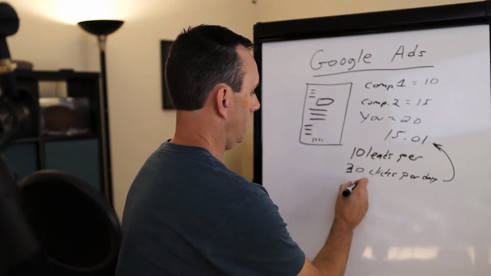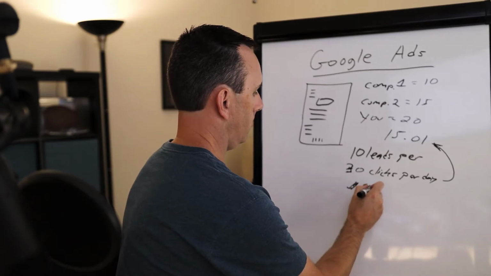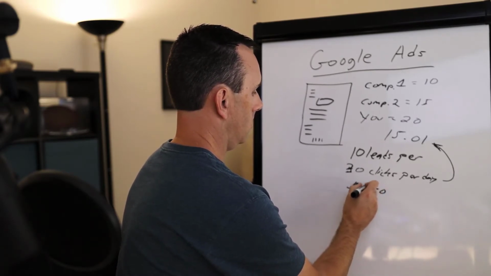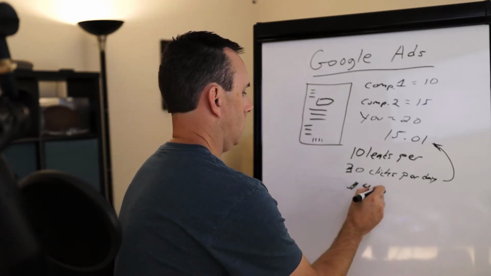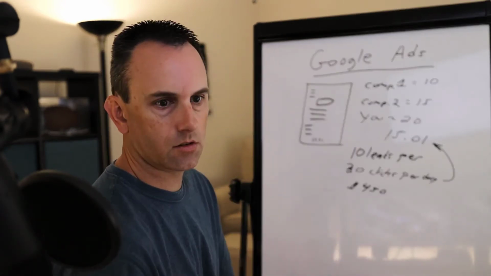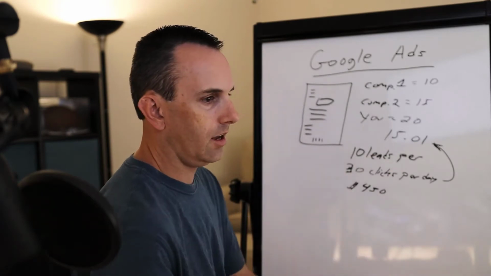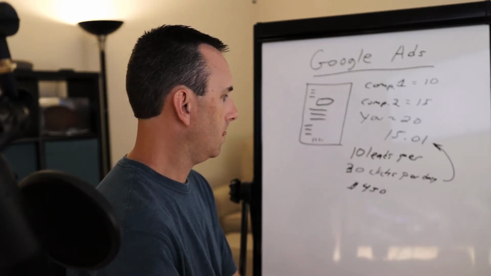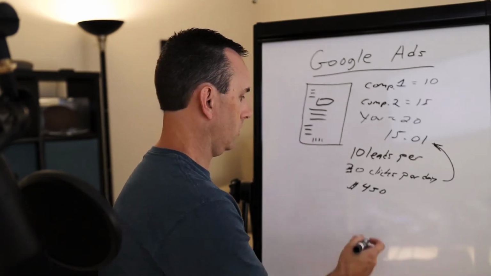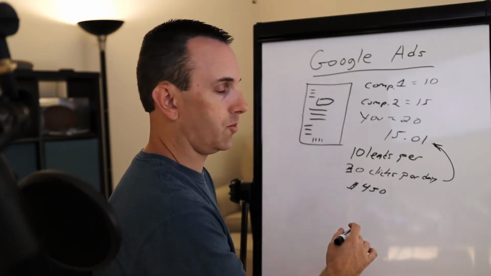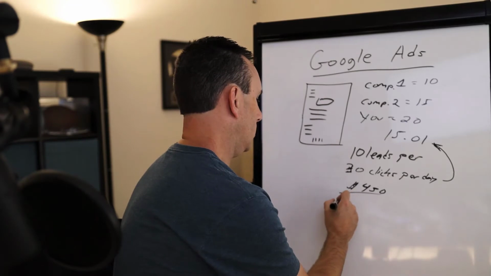That comes up to a total budget per day of $450. Now, before you say, oh my goodness, that's a lot, think about 10 leads and what that will do for your business. 10 leads per day, 7 days a week, on average, is going to give you close to 300 leads per month.